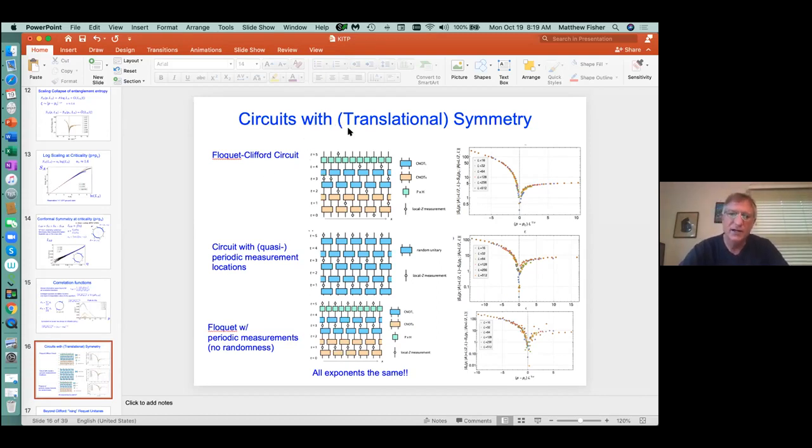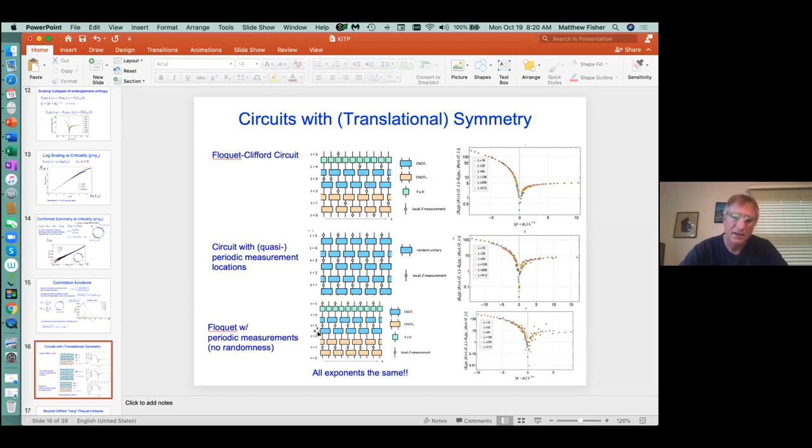Well, we can consider trying to get rid of some of those random components by looking at circuits with translational symmetry. And so I have three different circuits shown here and three different scaling collapses for the entanglement entropy measured in those three circuits. The first is a Floquet-Clifford circuit where the unitaries are periodic, but the measurement locations are still random. We can, on the second circuit, make the measurement locations periodic and keep the unitaries random.